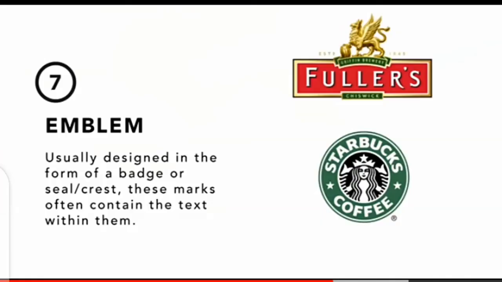So the last but not the least, which is the seventh one, is the emblem logo. This actually comes in the form of a badge or seal or crest. You understand? This type of logo, you can use it for a school badge, school logo, or you can crest it on your cloth, or for something like a seal stamp.